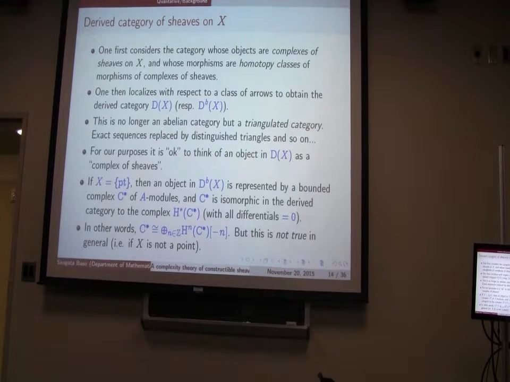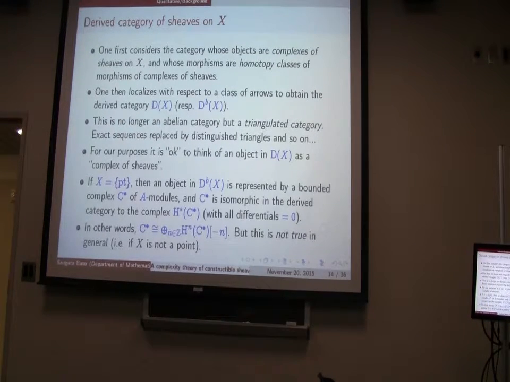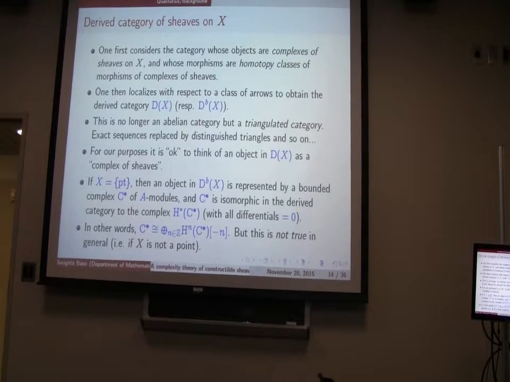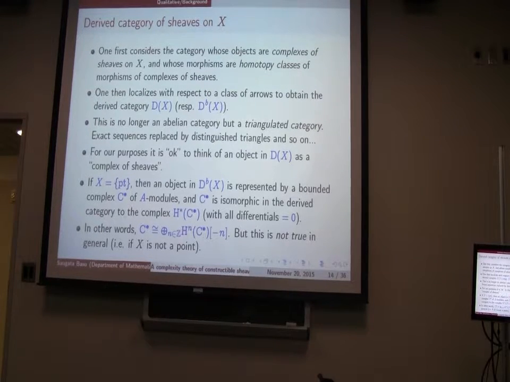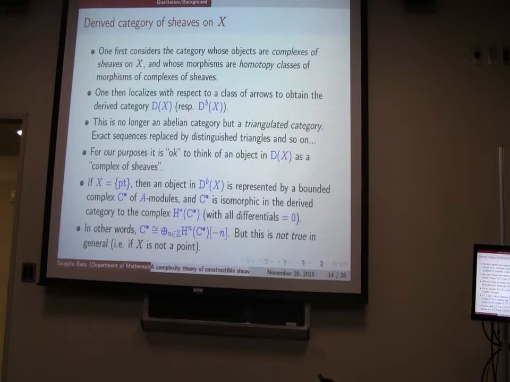So these two complexes are isomorphic in the derived category, but only for complexes of vector spaces. If you have sheaves, then it's only for a point. It doesn't have to be a vector space, right? It's for any A-module. I'm not sure whether it depends on the ring, but certainly for a point and vector spaces.